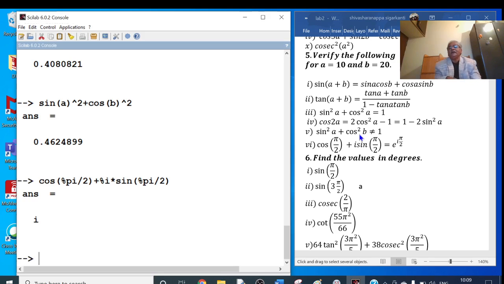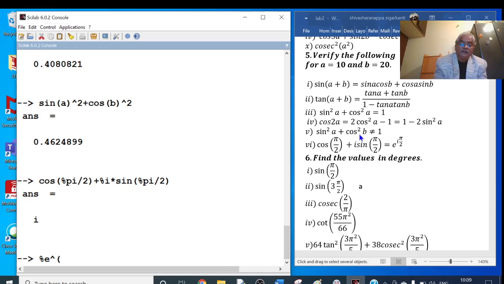What about the right hand side? e to the power of i pi by 2 is there. I will calculate that: e to the power of. Again for e I have to write percent e to the power of cap. In the power I will put a bracket here: i into pi by 2.